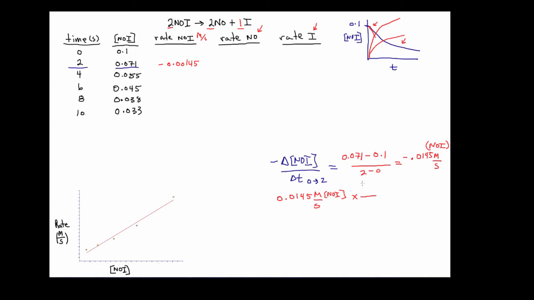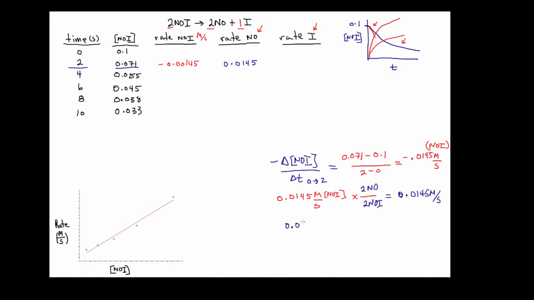First we'll find for the NO, so it's going to be 2 NOs that are produced for every 2 NOI. And 2 over 2 is 1. So you see the rate of formation for the NO is going to be exactly equal to the rate of disappearance for the NOI. And I'll go ahead and insert that value here as a positive sign because its product is being formed.